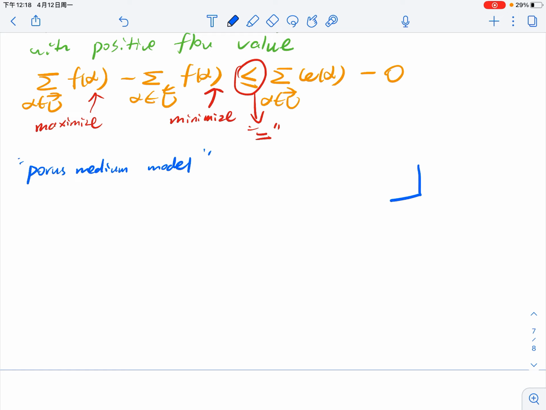With mu less than 1, in our case S and T cannot be connected. When mu equals 1, it will be a random graph.